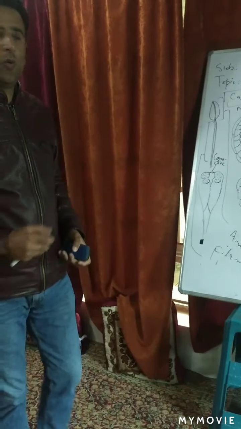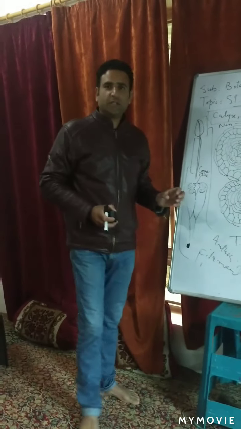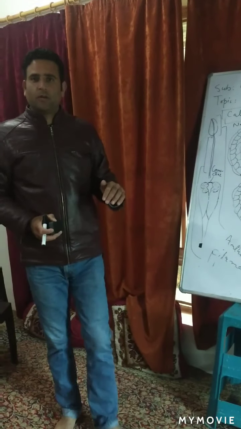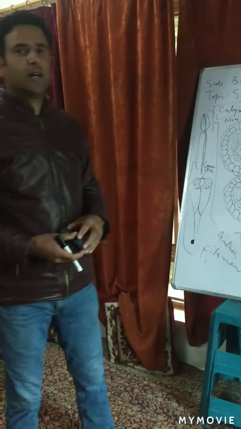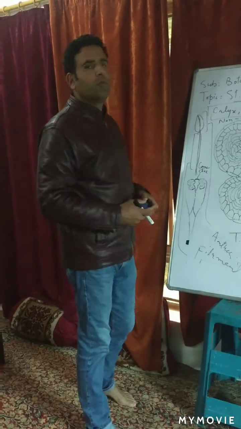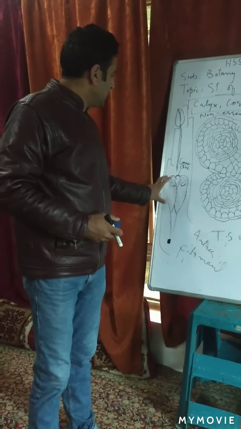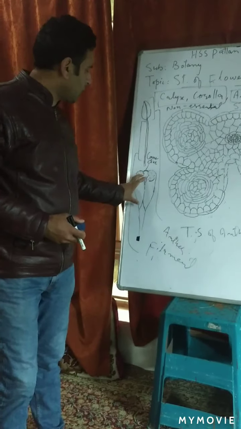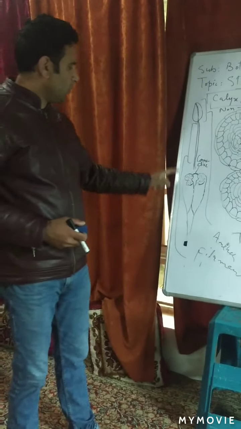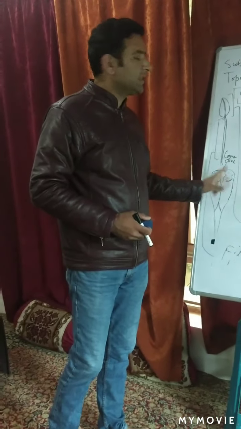Vascular tissue, as we are aware, is the tissue which is concerned with conduction of water and minerals, and also transport of food. So this was the longitudinal section of the stamen, which has this filament and two anther lobes.